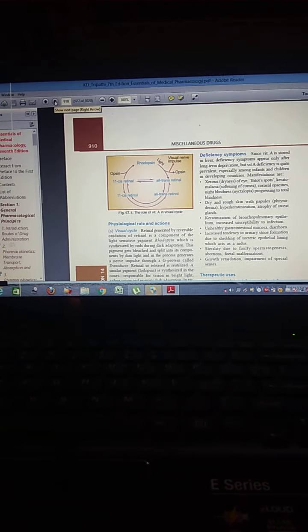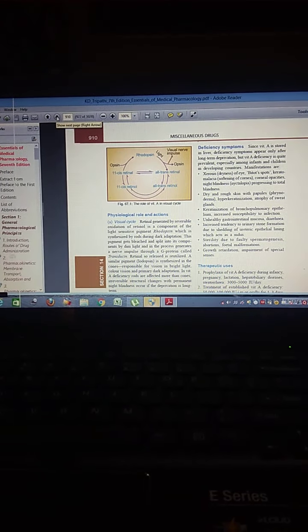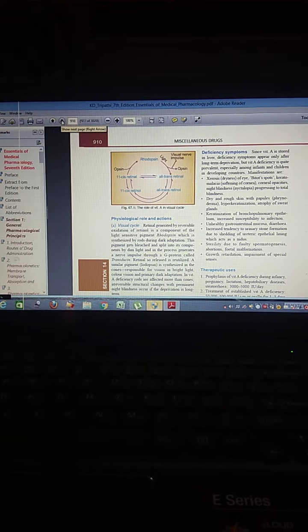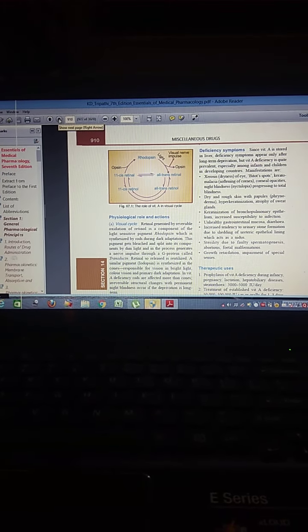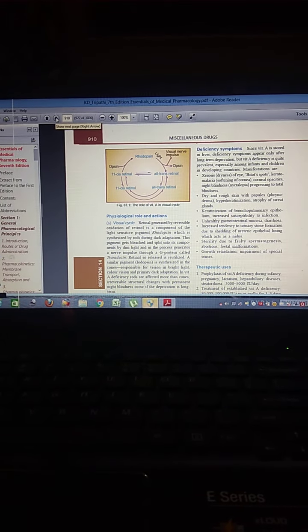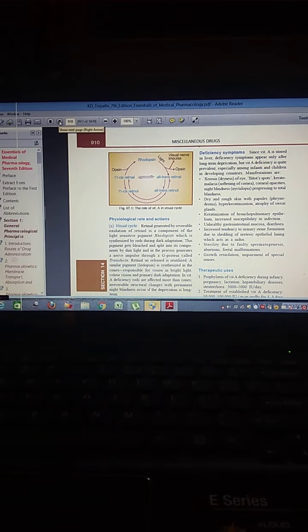The physiological role of the action, visual cycle: retinal is generated by the reversible oxidation of retinol. Retinal is a component of the light sensitive pigment rhodopsin, which is synthesized by rods during dark adaptation.